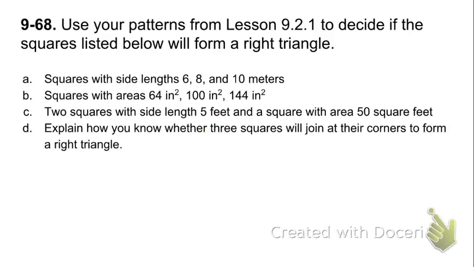B, squares with areas. Now they're giving us the area, not the side lengths, of 64, 100, and 144. Well, that's easy enough to test. Once again, we know that the two smaller areas should add up to equal the other.